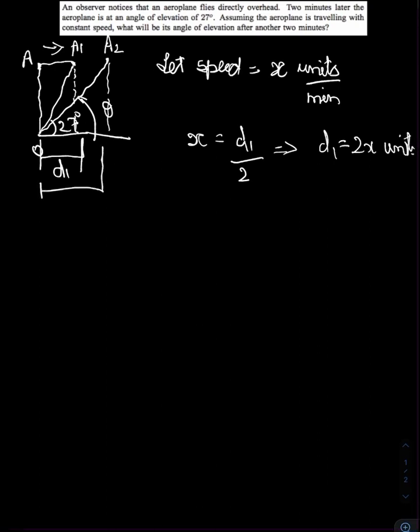Let's put this as d2. We can find d2 similarly for the other triangle OA1. Let's put this as B1, B2.